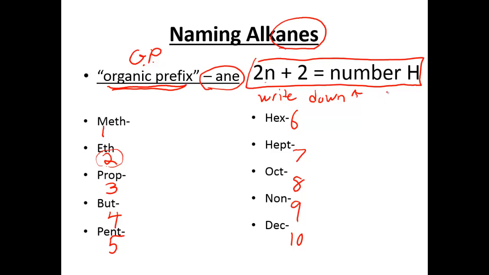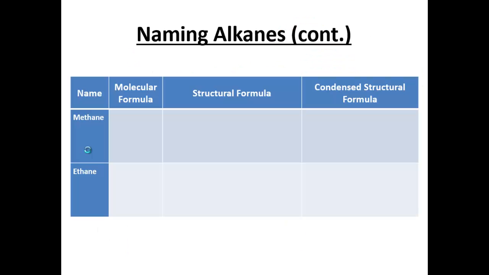So if you have 2 carbons, you would have 6 hydrogens. We're going to continue to see how to find the number of hydrogens if you know how many carbons you have by your organic prefix. So to start us out, methane is our first one.